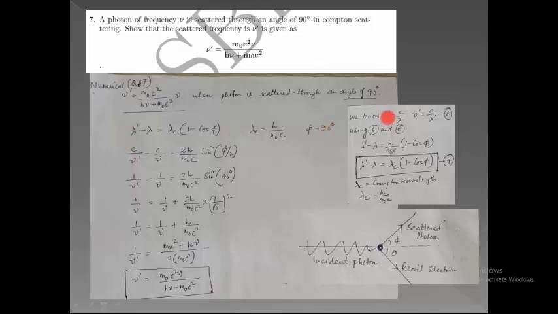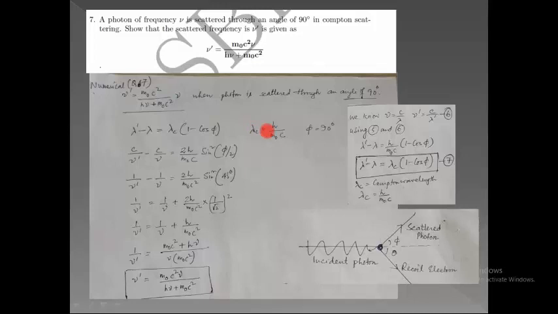Simply change the value of lambda dash and lambda in terms of frequency, nu and nu dash. So for lambda dash you can write c by nu dash, and for lambda you can write c by nu.